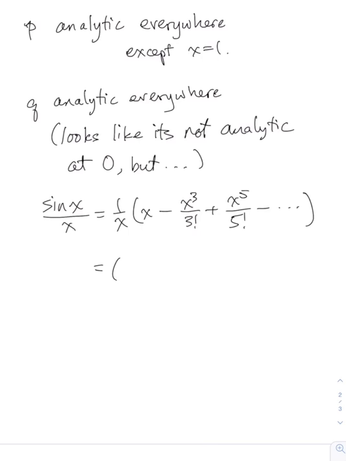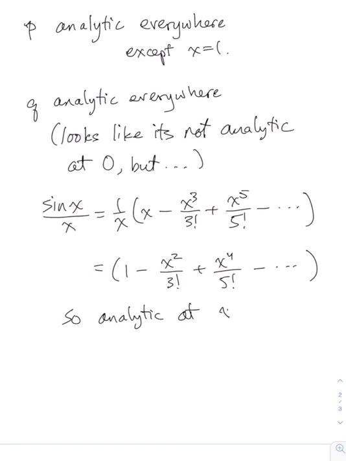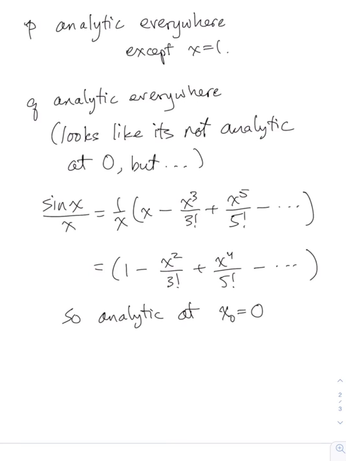And that would simplify to just 1 minus x squared over 3 factorial plus x to the 4th over 5 factorial, and so on. And there I have a power series representation of sine x over x centered at 0. So because I have one, it means it's analytic at 0. Well, I guess I should say at x0 equals 0, and this one up here should be except x0 equals 1.